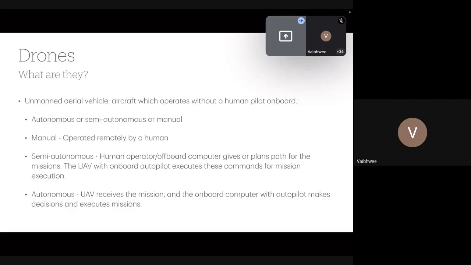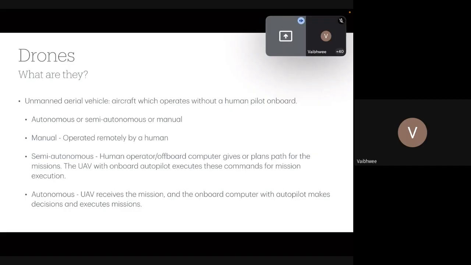Now these drones can be autonomous, semi-autonomous, or manual. When we say they are manual drones, they are drones which are completely remotely piloted by humans on the ground or humans on any other platform. The human can be present on a moving ground vehicle, it can be present on a moving aerial vehicle, and so on.